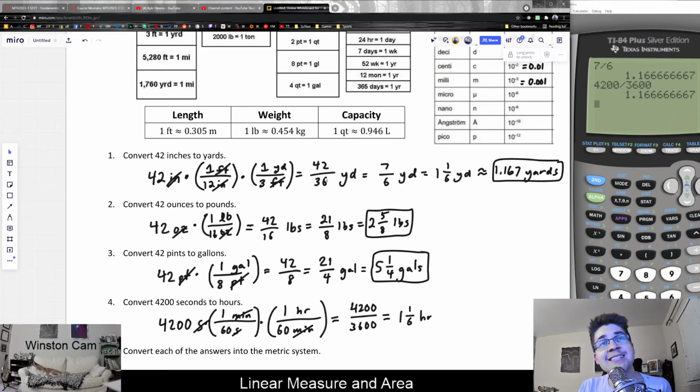But with time, it's obviously a little bit unusual to write things using fractions or decimals. I could write that as approximately 1.167 hours. Kind of strange, but when dealing with fractions, it's more helpful to think about what the leftover is and what is 1/6 of an hour in terms of minutes? And we know 1/6 of an hour is 10 minutes.